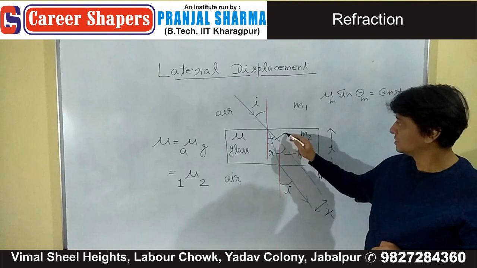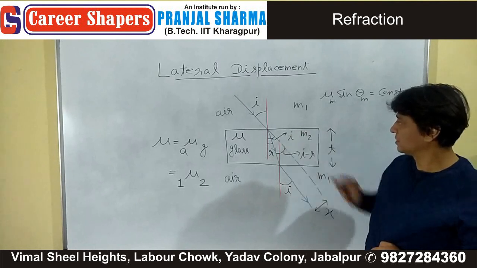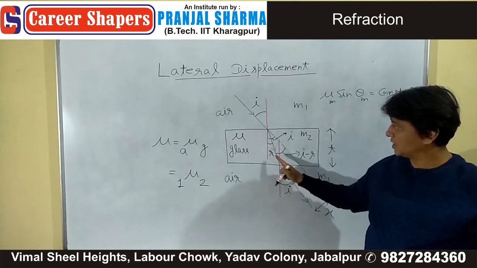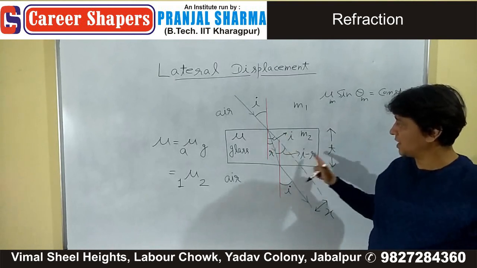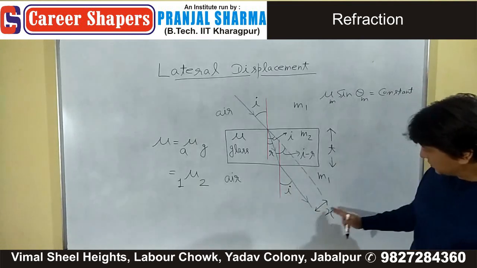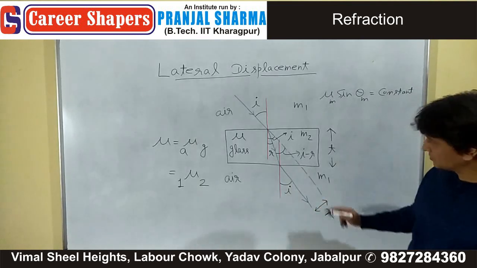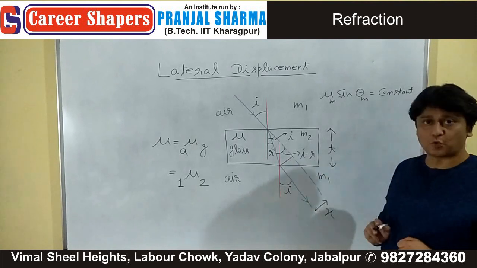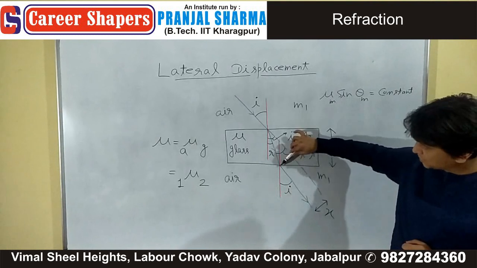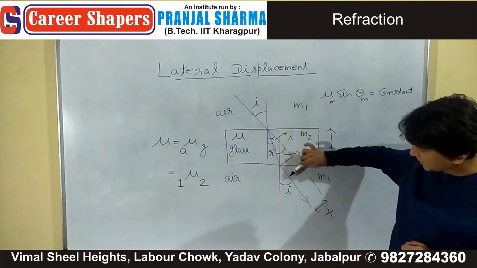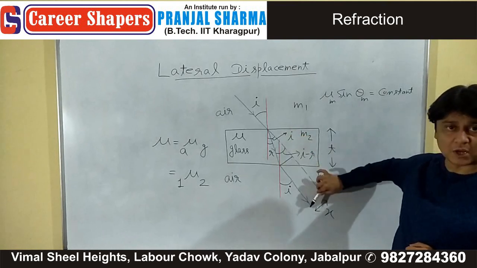This is I. This is R, and therefore remaining is I minus R. And this is I minus R. This is X. This much is also X. From this point onwards, you can see that they both are again parallel.